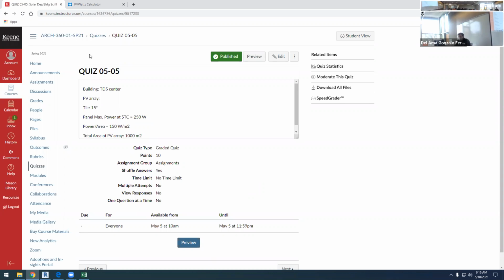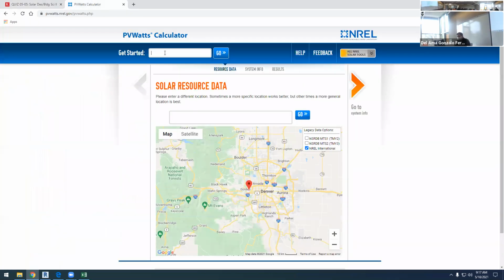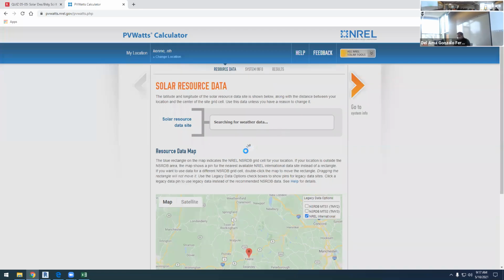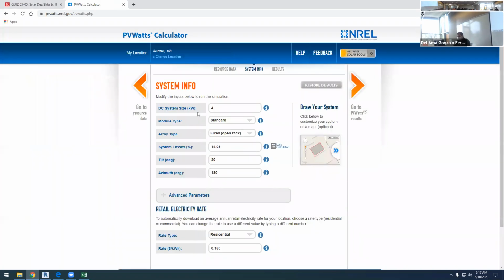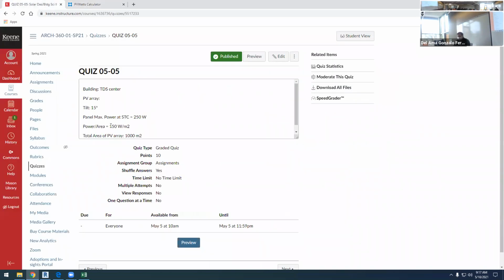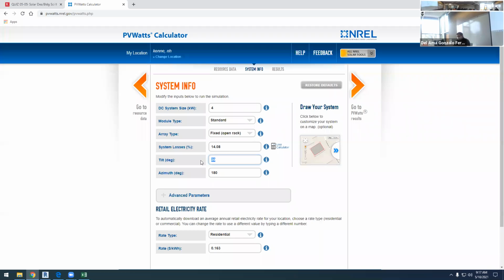On PVWatts, after introducing the location in New Hampshire, we have to include the DC system size. We have data, the tilt is 15. Then we have the azimuth. If it's south, it will be 180 by default.